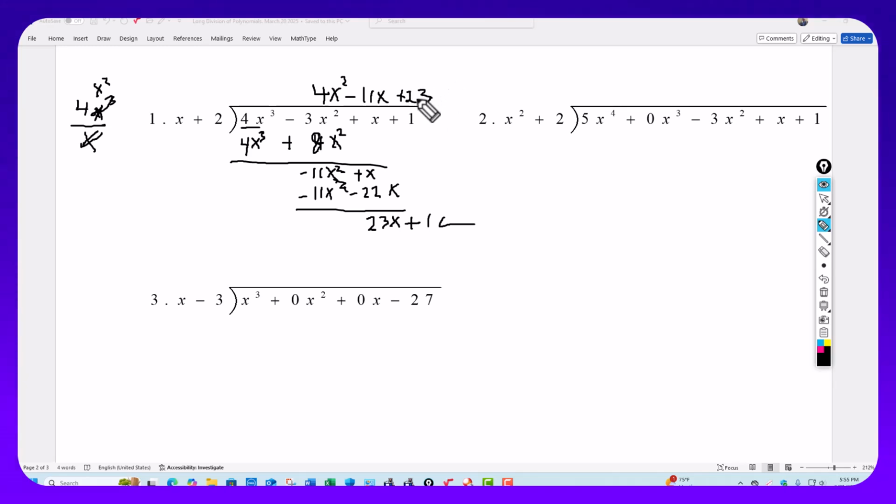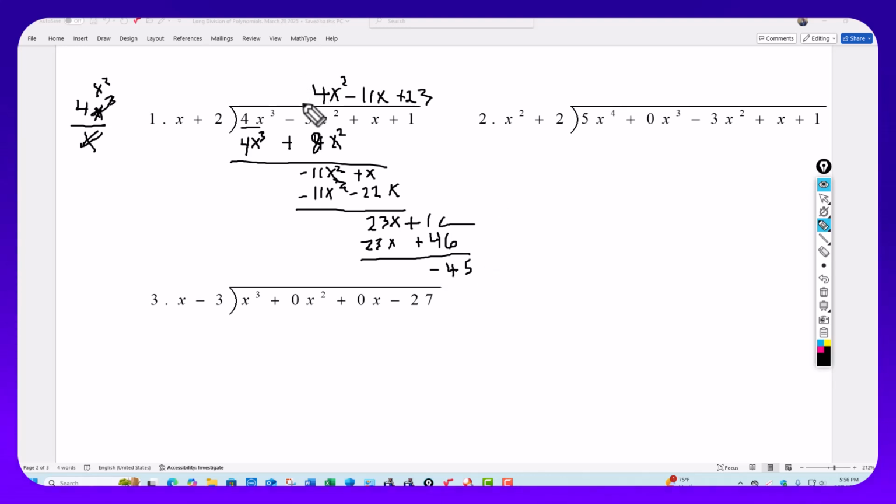And then 23 times the divisor would give me a 23x here plus 23 times the 2. That'll give me a 46. We subtract. Notice again, the 23x terms subtract to give me 0 here. And I subtract the 46, so it becomes a 1 minus 46, which is a minus 45.